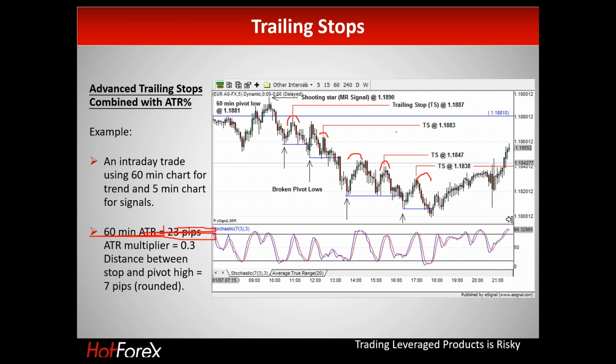By considering either 20% of the hourly ATR or by using the 5-minute ATR, we have set the trailing stop 3 pips above each pivot high that we were getting, and we were shifting it, or letting it sit automatically at either 3 pips above the pivot high or at 7 pips away from the current price.